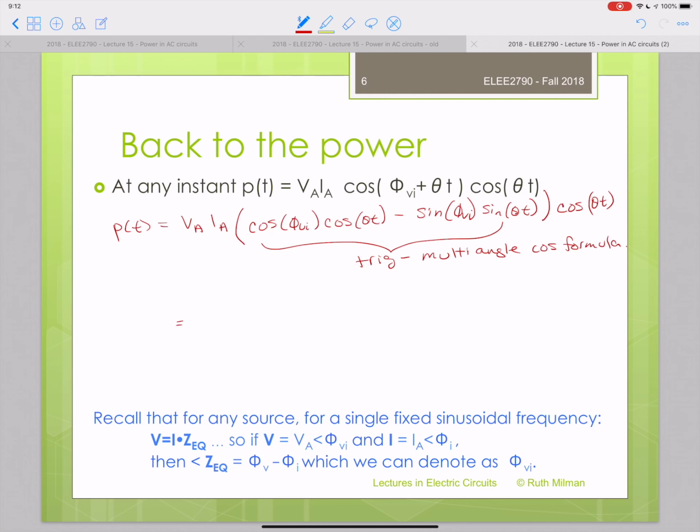So looking at what we have above, we can actually clump things together and we get the voltage amplitude times the current amplitude times the cosine of our phase shift times cos squared theta t, minus the voltage amplitude times the current amplitude times the sine of the phase shift times the sine of theta t and the cos of theta t.